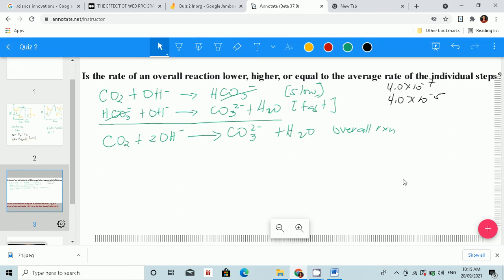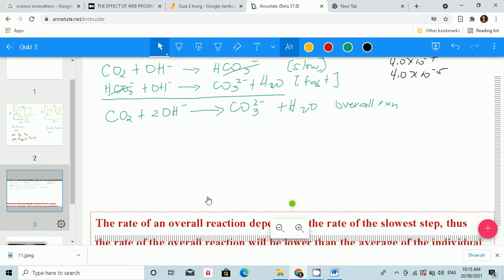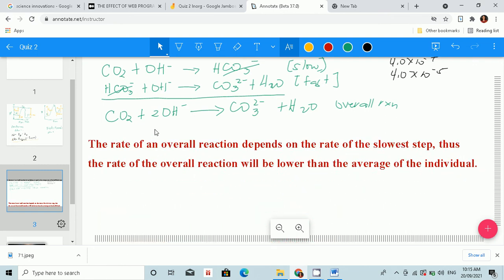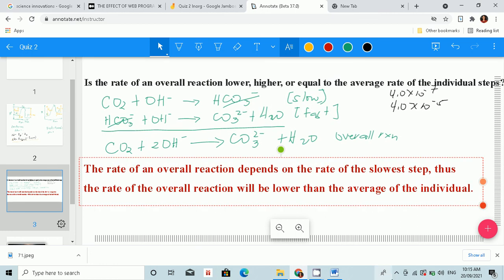Therefore, we can conclude that the rate of the overall reaction depends on the rate of the slowest step.